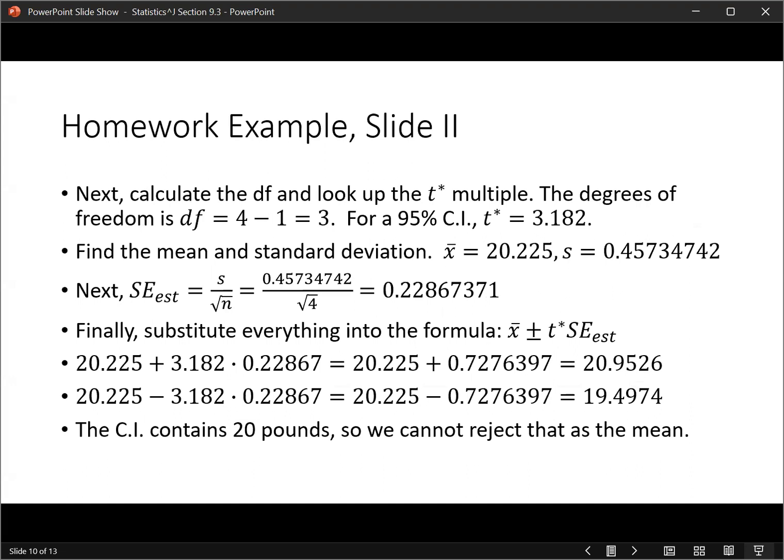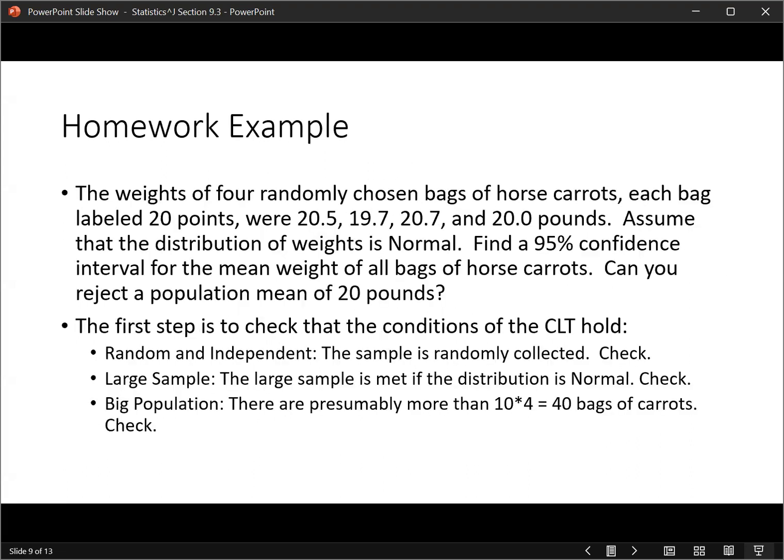Your interval represents a range of values for where you think the population mean is. Again, this all comes down to finding samples and using those samples to make statements about the population. So we've got a sample of 4 bags of carrots, but presumably there's lots more than that. There's a big population of all the bags of horse carrots, hundreds or thousands of those bags, and we're trying to estimate the value for the mean of all those bags.